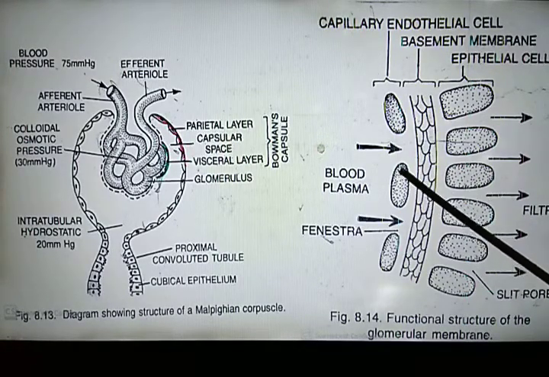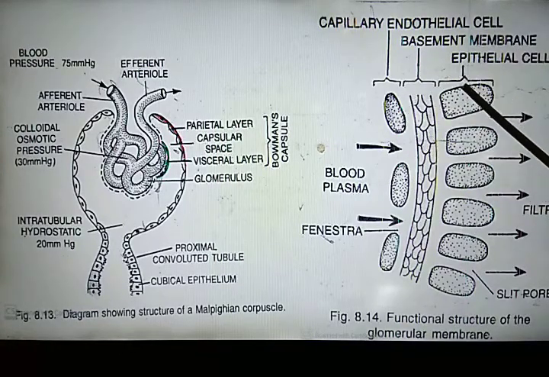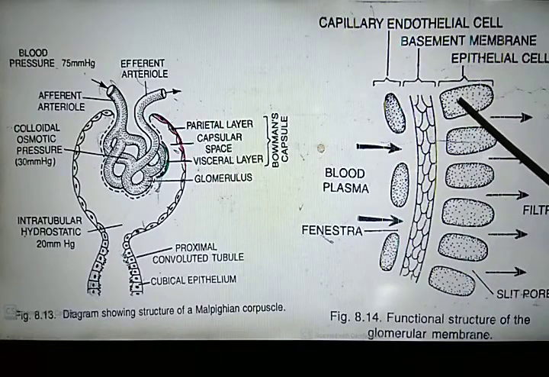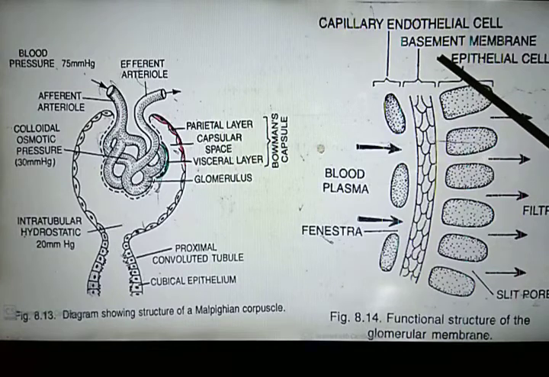In between the endothelium of glomerular capillary and visceral layer of Bowman's capsule, one more membrane is present known as basement membrane.